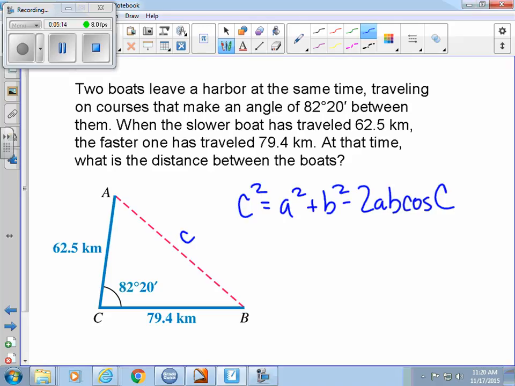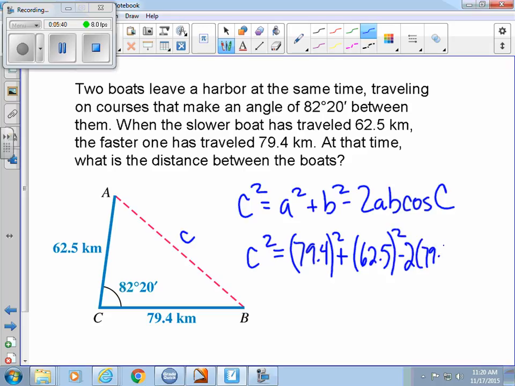Plug it all in and take a square root. Why am I going to take a square root? It's C squared, and I just want side C. That's how the formula works for finding a side. Side a is 79.4, so c squared equals 79.4 squared plus 62.5 squared minus 2 times 79.4 times 62.5.